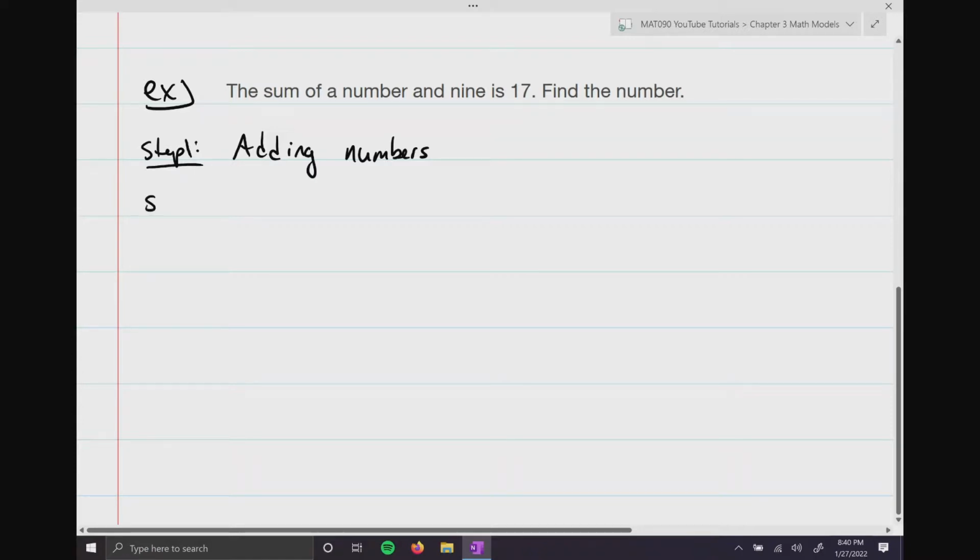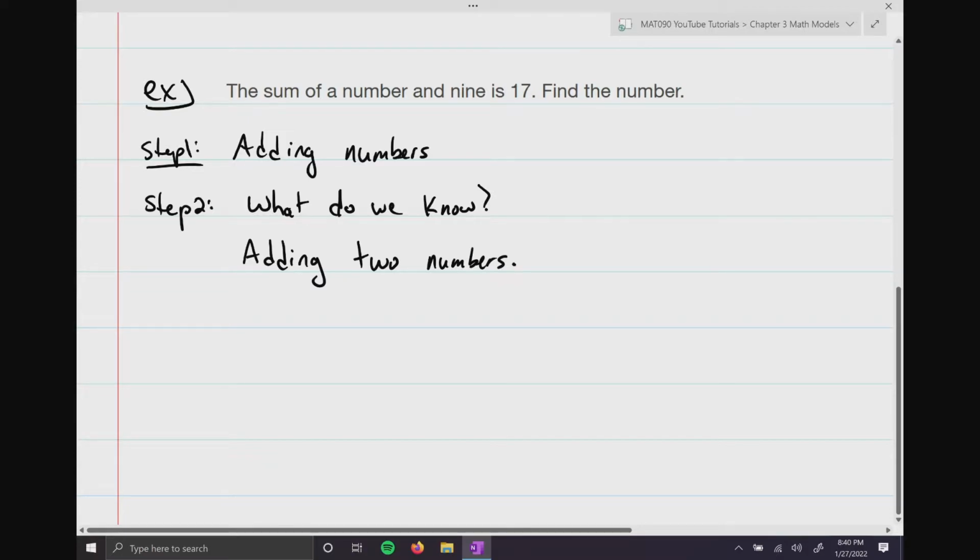Now, step 2, we're going to answer the first question. What do we know? Okay, what we know, we're adding two numbers. So how do we know that? Well, we have the sum of a number and 9.